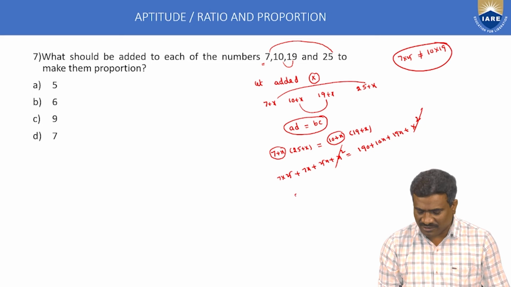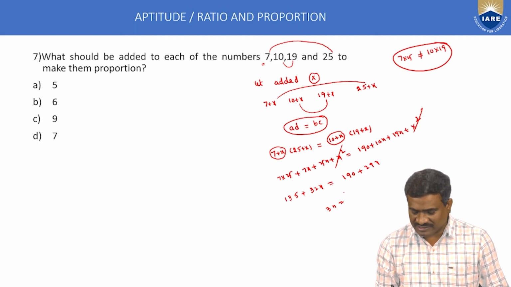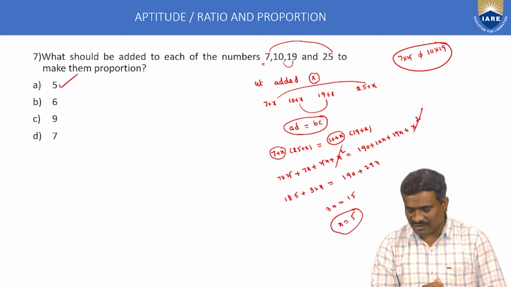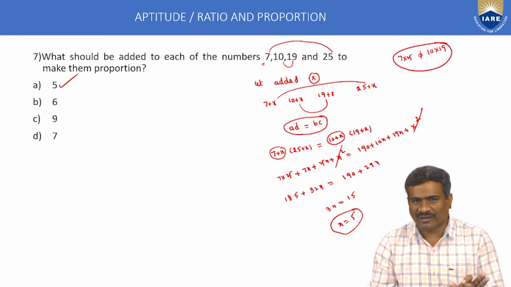Next, 7 into 25 is 175, plus 7x plus 25x, 32x is equal to 190 plus 29x. 3x is equal to 15. Then x is equal to 5. This is about the 7th example. Calculate only the x variable. x is equal to 5. Here the added number is equal to 5.